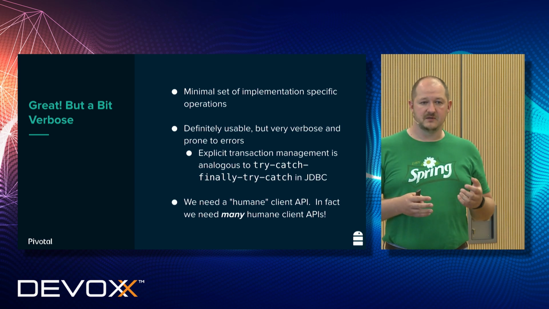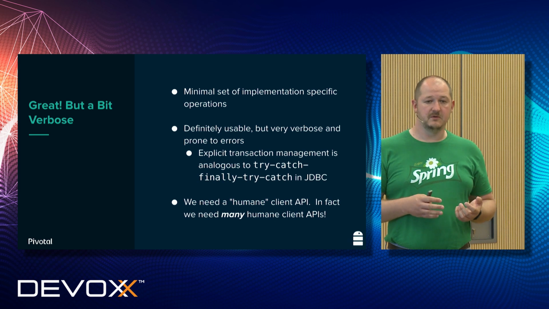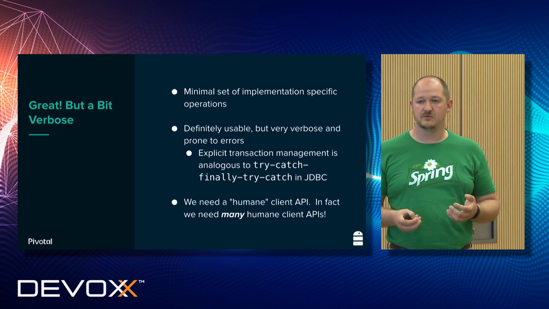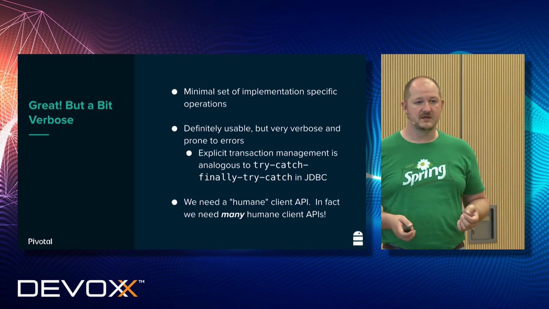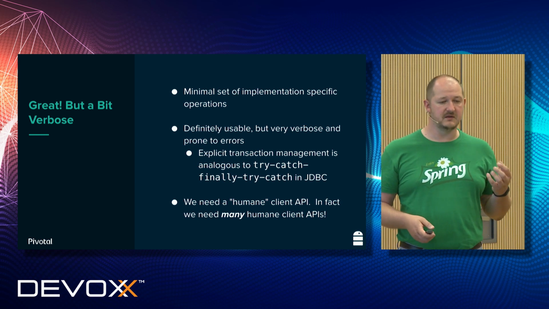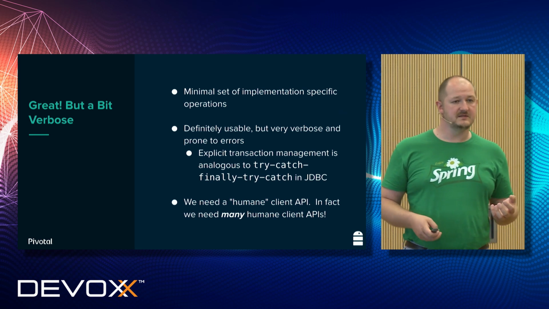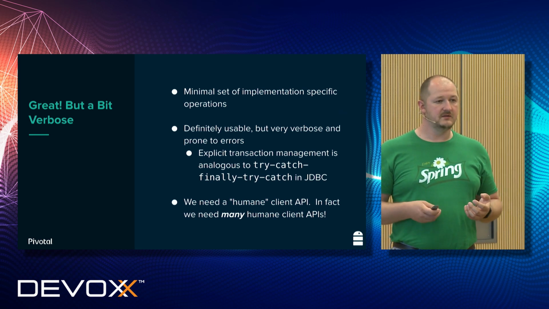Again, the pattern that we might also be familiar with from JDBC, with begin, try, catch, finally, try, catch to commit or roll back a transaction, is the correct one. But this is way too much code, way too verbose, for us to even think about incorporating that into our application code. And this is exactly the point where we get to the idea of enabling humane clients.